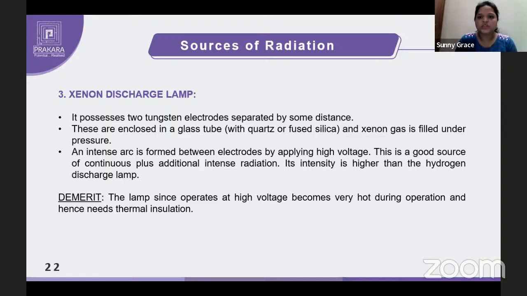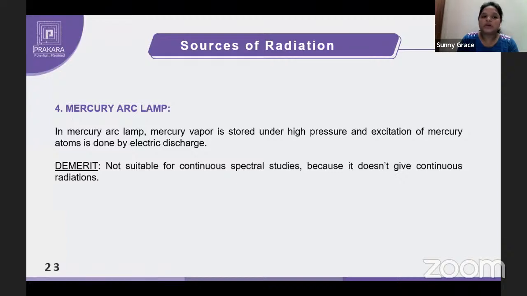One disadvantage or demerit of the xenon discharge lamp is that because it operates at high voltage, it becomes very hot during operation. So whenever you're using a xenon discharge lamp, you should have a thermal insulator along with it. Then the last one is the mercury arc lamp. In the mercury arc lamp, mercury vapor is stored under pressure, and the excitation of atoms is done by electric discharge.